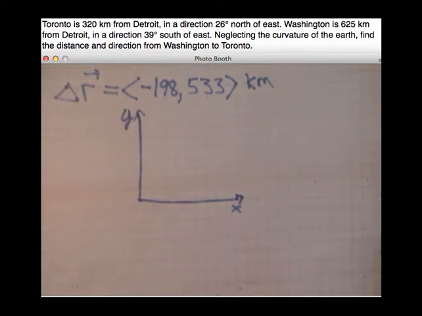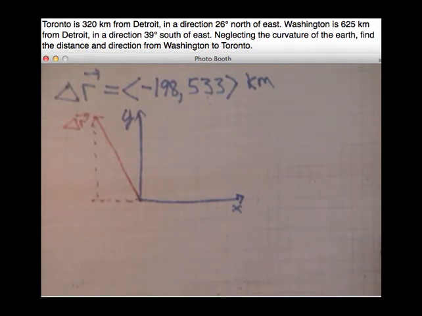So delta r will look something like this. Notice it has a negative x component and a positive y component, so delta r points into the upper left quadrant.